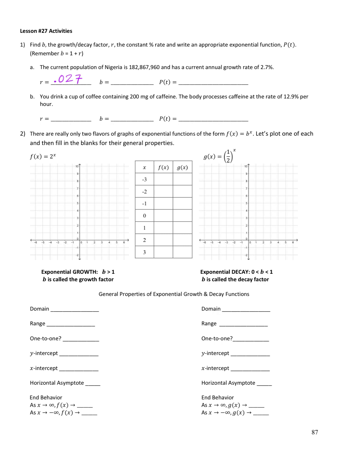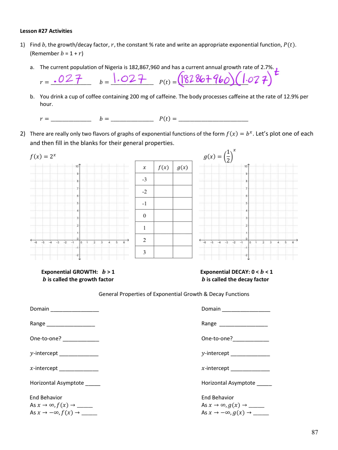B is always 1 plus R, so my growth factor is 1.027. And P of t, my function, is going to be my initial population, 182,867,960, times the growth factor, 1.027, over and over again for t years.